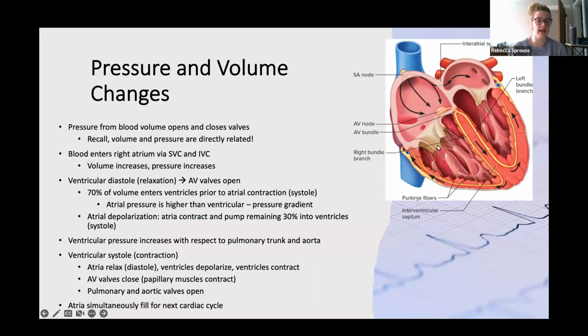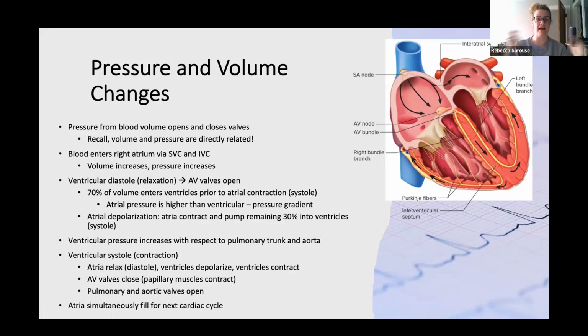So we've got a tricuspid valve and we have a bicuspid valve. Now, as this atrium is filling, it's filling from the inferior vena cava, superior vena cava, and coronary sinus. So SVC, IVC, coronary sinus, all of that is dumping deoxygenated blood into the right atrium. Now, as volume increases, pressure increases.